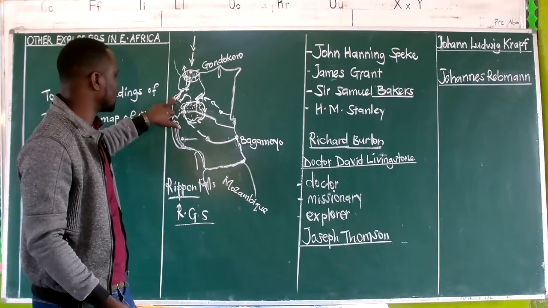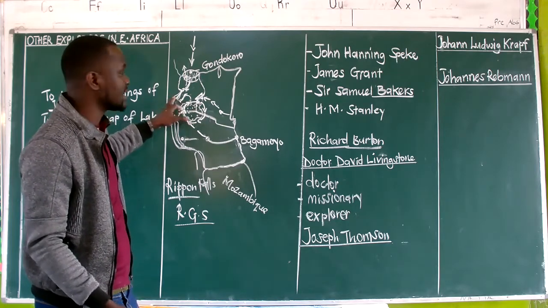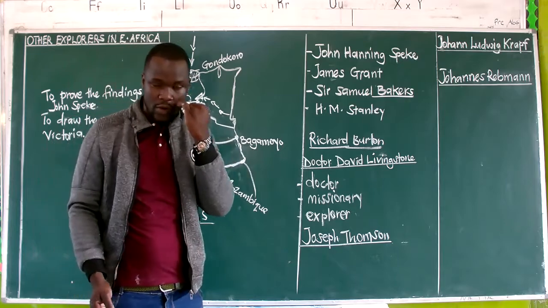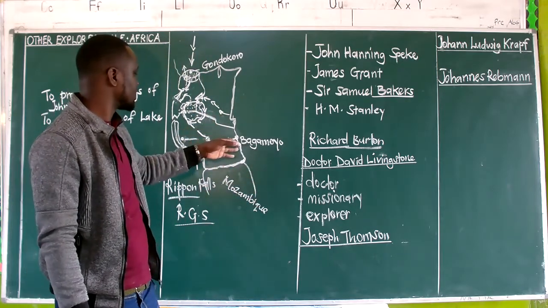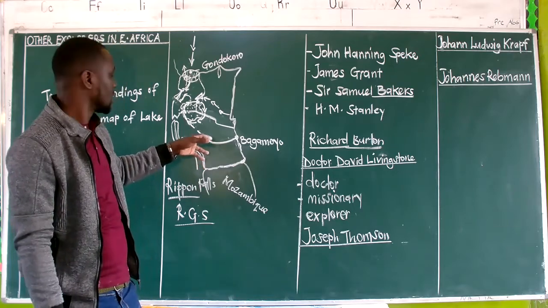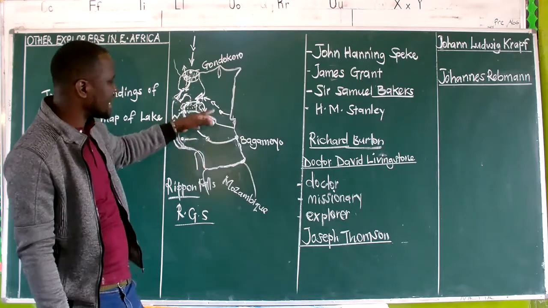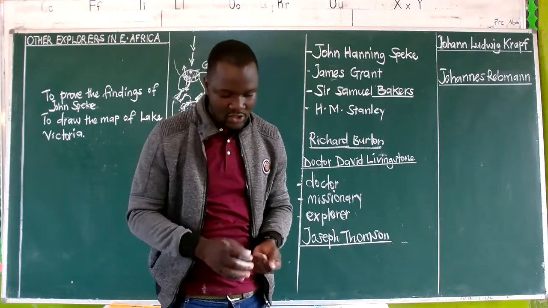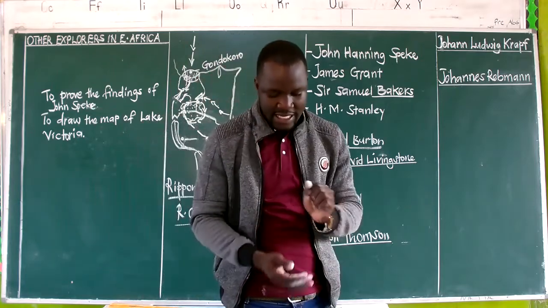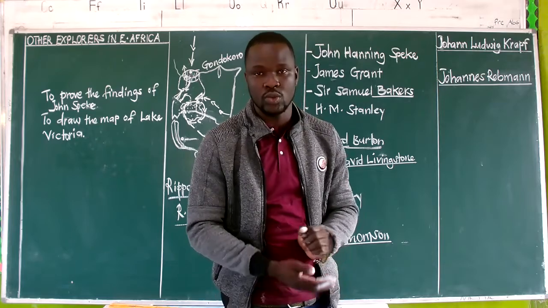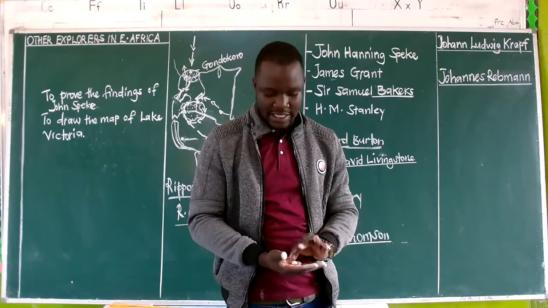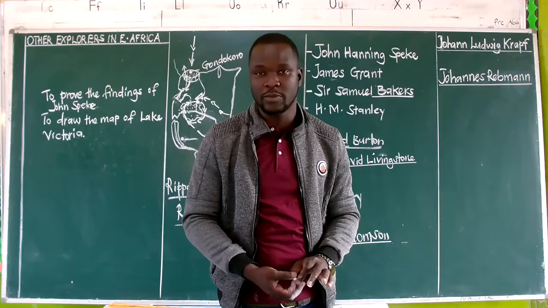He saw the lake Mutanzige, named it Albert, and he went back, as we already discussed. And then we have also Henry Morton Stanley coming through the same route and circumnavigating, that is, sailing around the lake. So that is what happened in East Africa during the exploration.